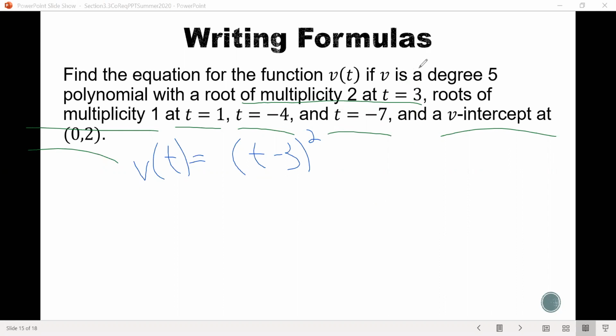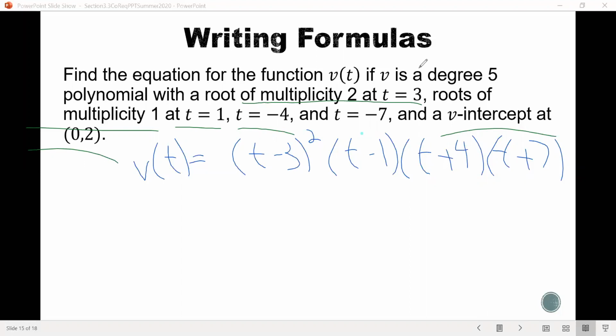And then we also have multiplicity 1 at t equals 1, which will give us a (t minus 1). t equals negative 4 will give us a (t plus 4). And then t equals negative 7 will give us a (t plus 7). Those are all to the first power because they're all roots of multiplicity 1, sorry.